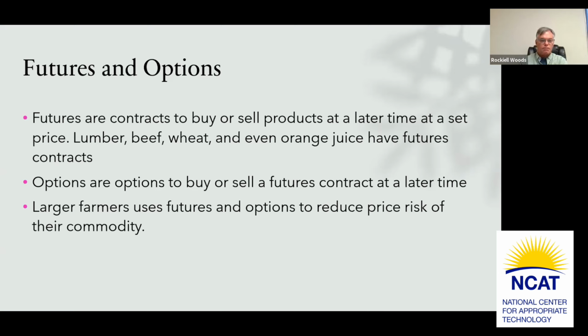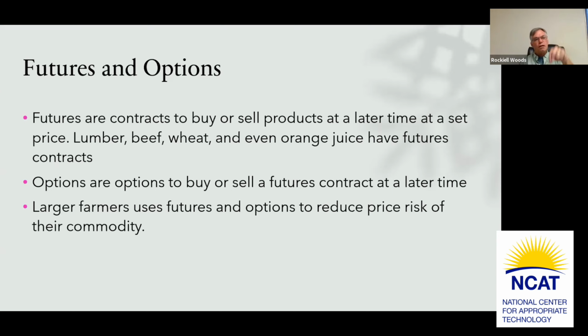Let's say you think you're going to produce 10,000 bushels of corn. You would sell 2 futures contracts for December delivery, because each contract is 5,000, so that'd be 10,000 in that futures contract.